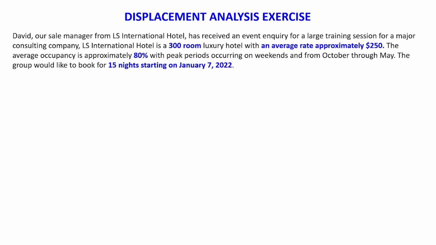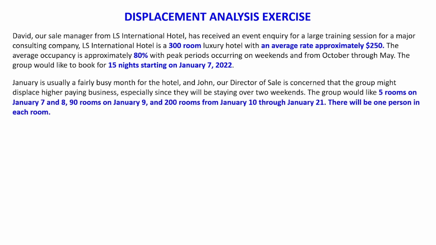The group would like to book for 15 nights starting from January 7, 2022. January is usually a fairly busy month for the hotel, and John, our director of sales, is concerned that the group might displace higher-paying business, especially since they will be staying over 2 weeks.